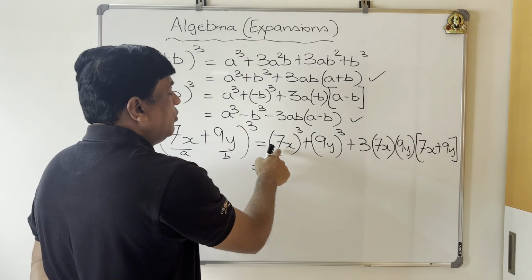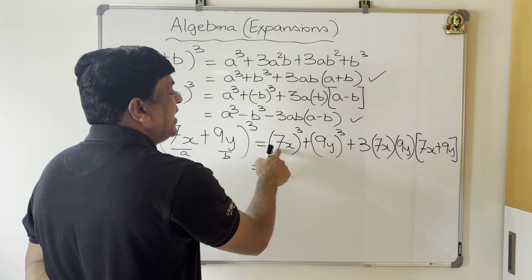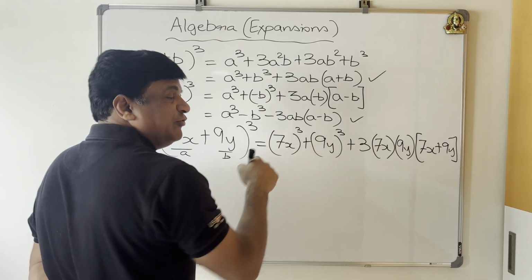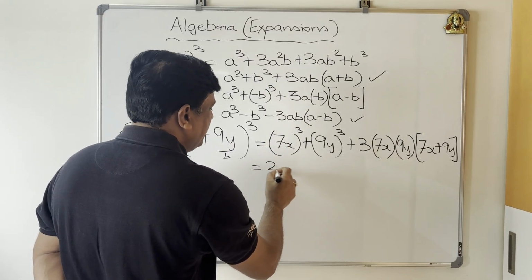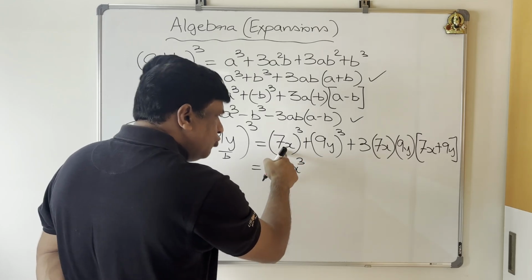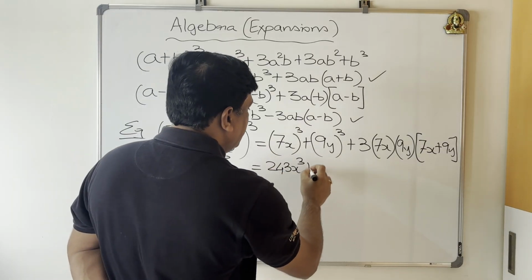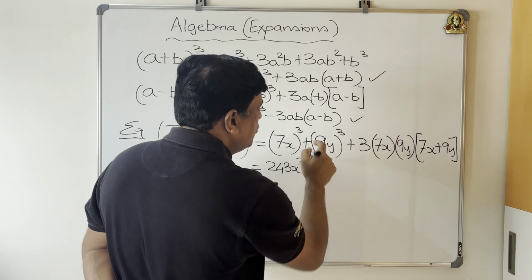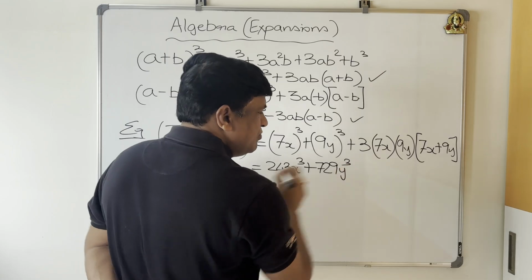When you are opening these up, remember that the cube applies to both the number and the variable. So first you need to do for 7. 7 into 7 is 49. 49 into 7 will become 343. It will become 343x cube. If you don't know the value, it's better to do it on the right side and put it over here. Similarly, 9 into 9 will become 81. 81 into 9 will become 729. 729y cube, right?